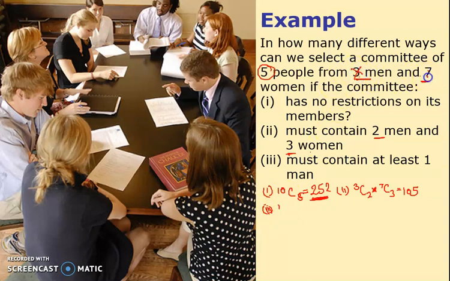I've got to choose all 5 from the 7, so 7C5, which is 21. There are 21 ways of picking 5 from 7. So of the 252, 21 ways won't give me a man. So 252 minus 21 will give me at least one man. That's 231, I think, if my maths has served me well.